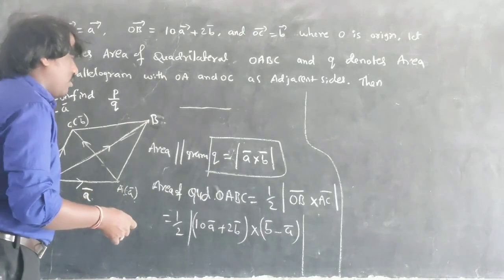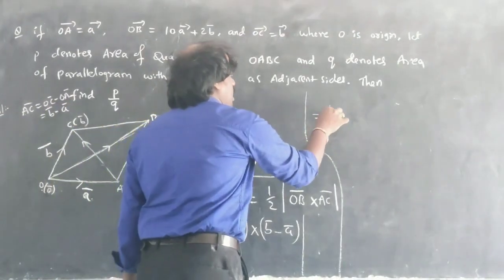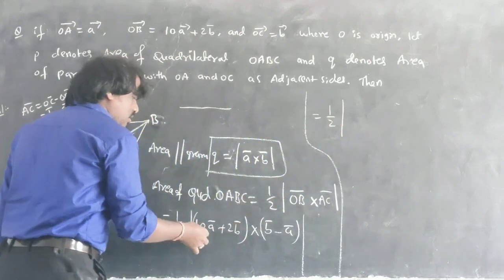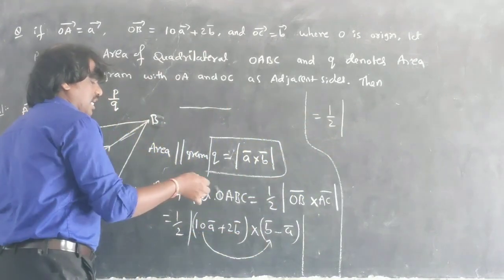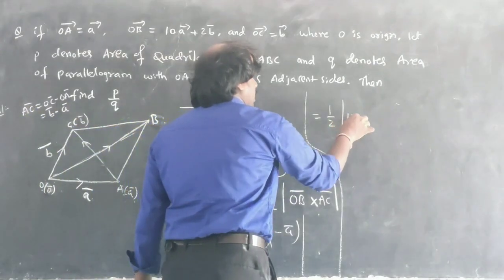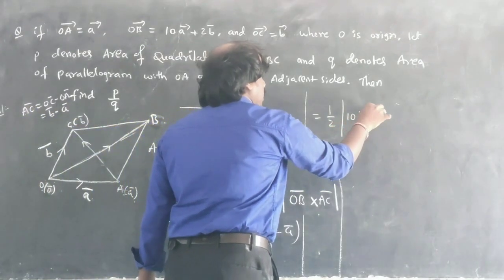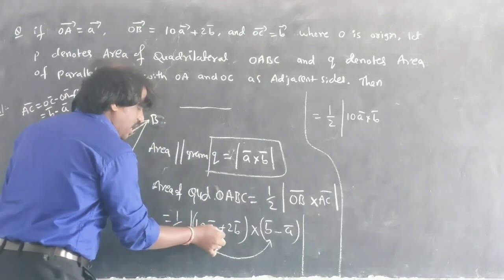Now what I am going to get here, this value will be half into, now 10A into this one. So I get 10 times of A cross B. Next you have a plus symbol.